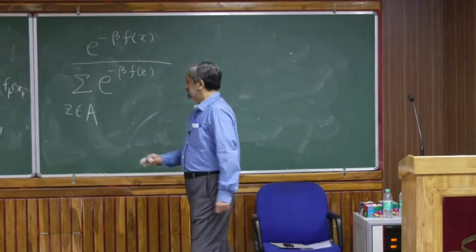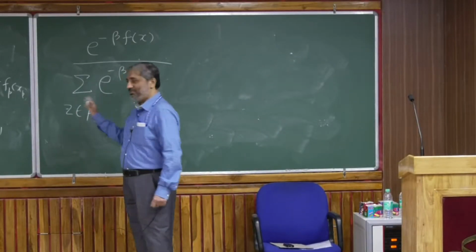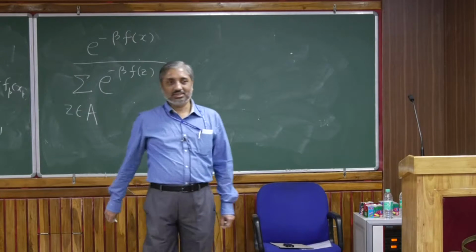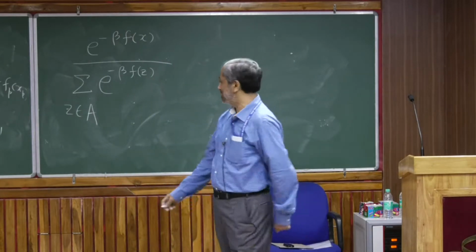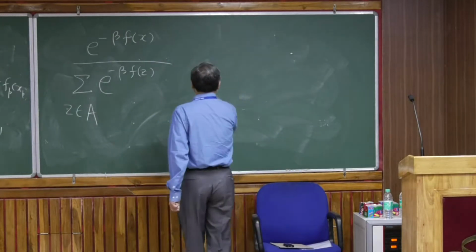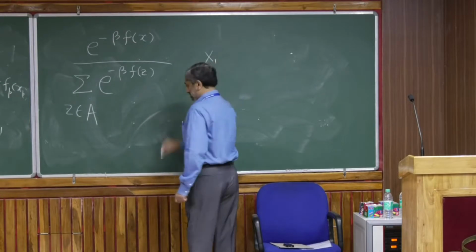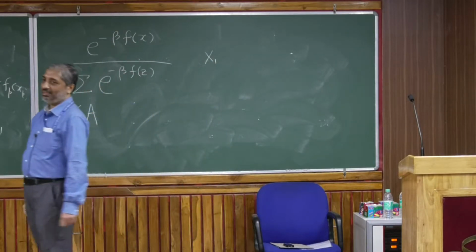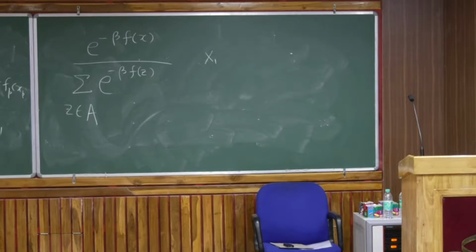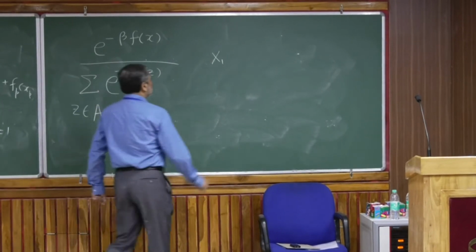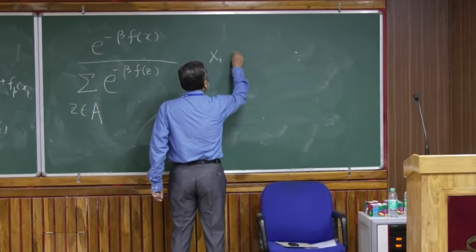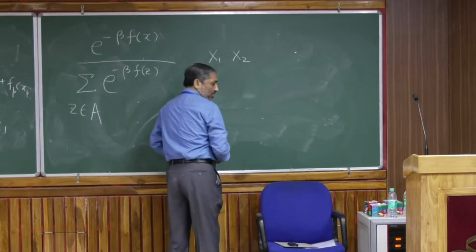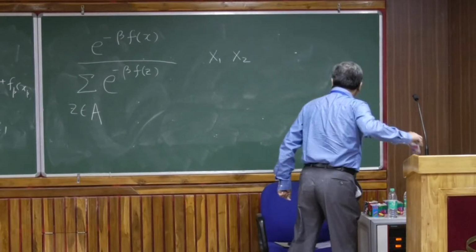So they said, okay, choose something randomly from A first to start. So somewhere you will have to start, you start there, okay? So you randomly choose something. That is your x1. Then you choose another x2. Maybe I should use a slightly different notation for that.